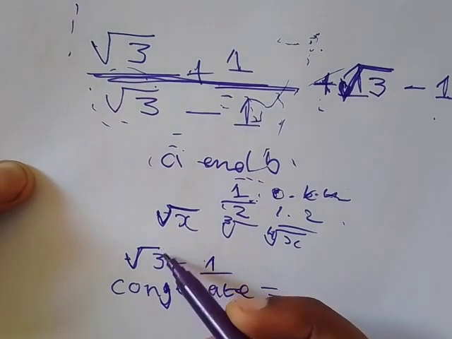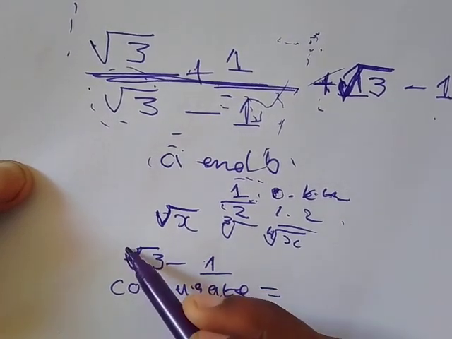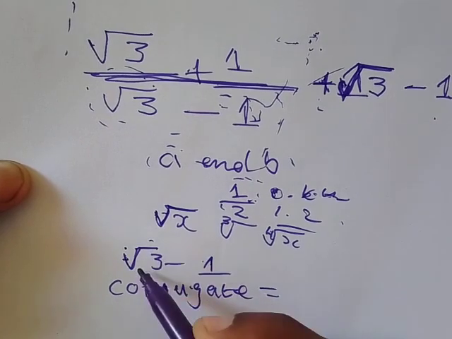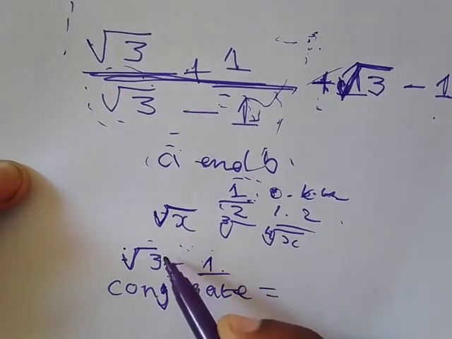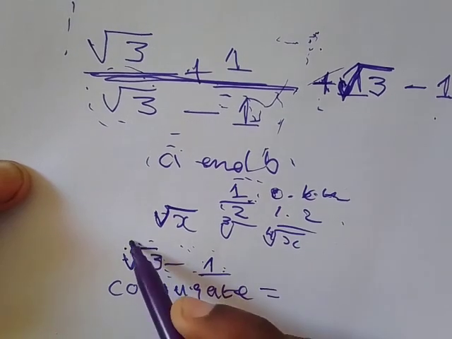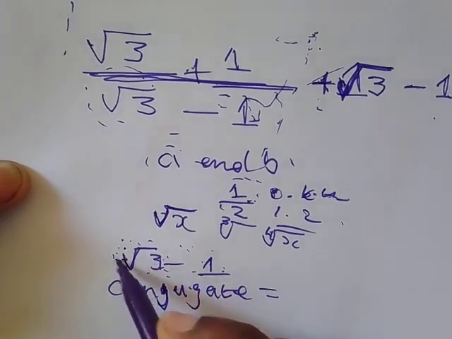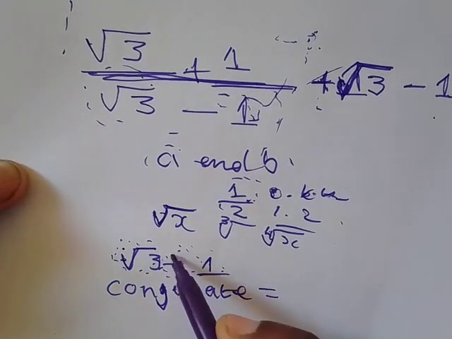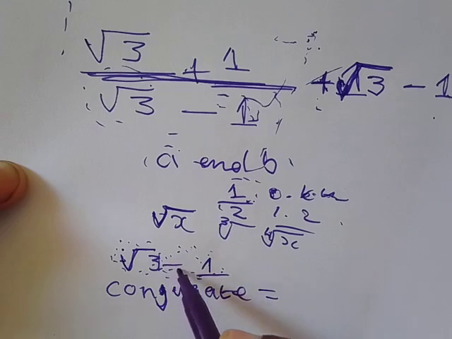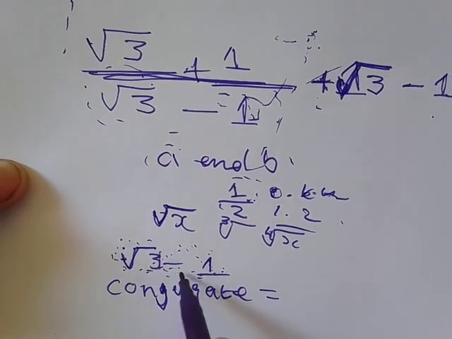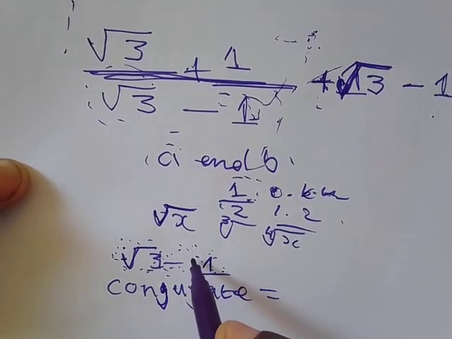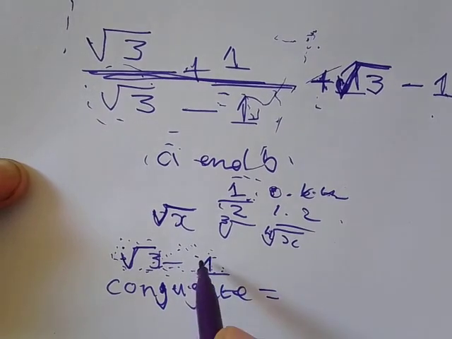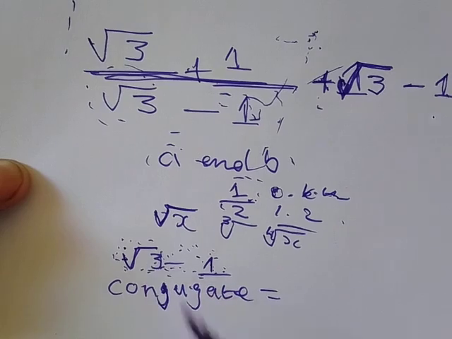The rule is that you either change the sign of the radical and maintain the other number, keeping it constant, or you keep the sign of the radical constant and change the sign of the other number. That is in the case where the other number is not a radical. There are many cases.